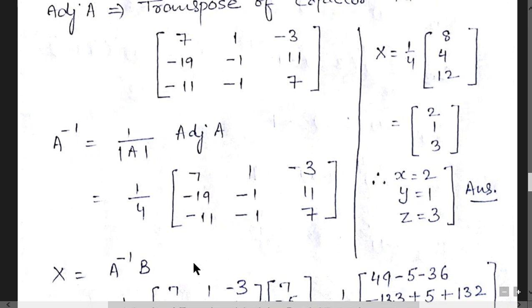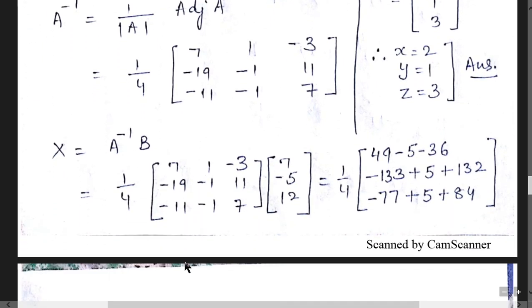Then A inverse, when multiplied by B, you will get 1 over 4, 7 minus 19 minus 11, 1 minus 1 minus 1, minus 3, 11 and 7, this value, and then the value of B, 7 minus 5 and 12.